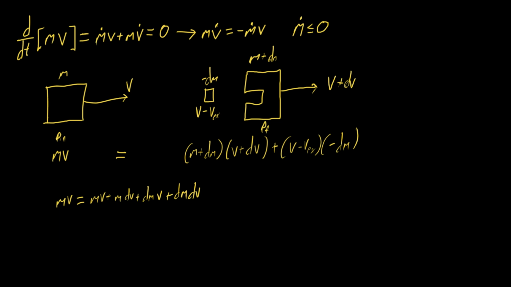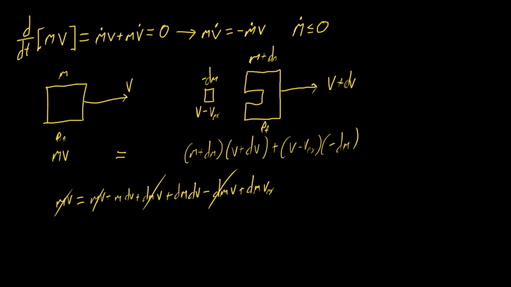And then here we're just going to do minus dm v plus dm v exhaust. There you go. So that's all the terms expanded, and we can see that this cancels. This is going to cancel, and this term right here is a second order differential.